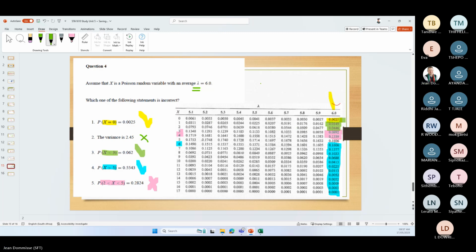So your mean will be equal to 6 and your variance will be equal to 6. So in this one, we actually now have 2 that is wrong. Okay, so not great that they make this mistake.